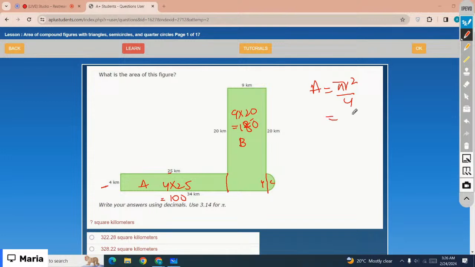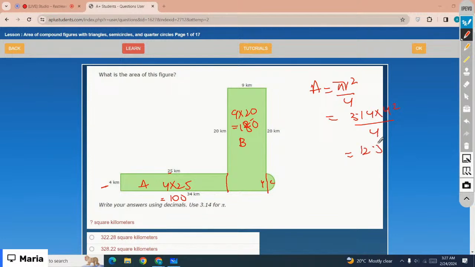So just do 3.14 times 4 square over 4. 4 square is 16, and 3.14 times 16 is 50.24, divided by 4, yes, that is 12.56.